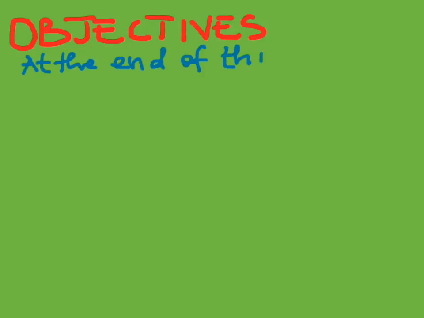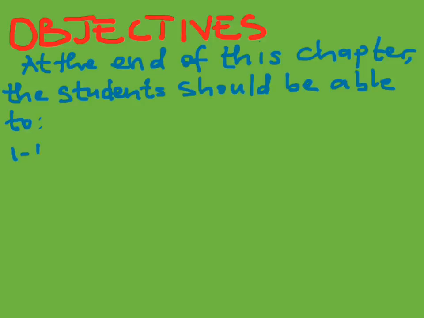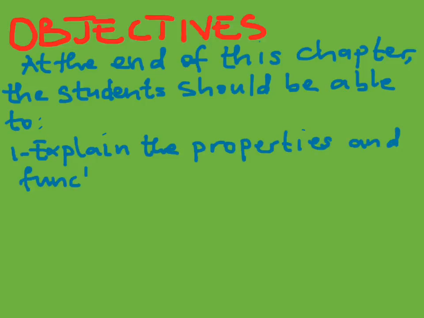At the end of this chapter, the students should be able to: one, explain the properties and functions of enzymes. In this particular objective, the properties and functions of enzymes must be well understood.